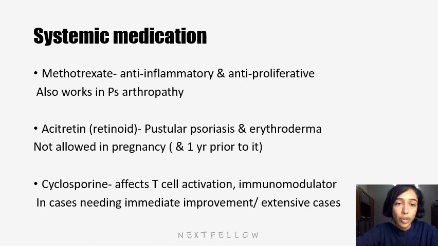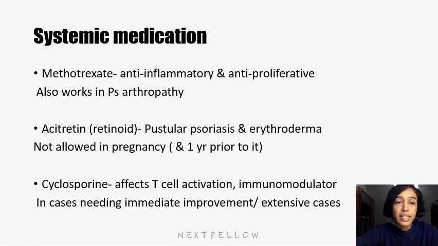Acitretin is a retinoid, and this has a few indications. You can treat pustular psoriasis with it, as well as psoriatic erythroderma, that is extensive 90% or more body surface area involvement. Retinoids are category X, they are not allowed in pregnancy, and acitretin specifically is not allowed up to a year prior to planning pregnancy as well, because it is fat soluble and it stays in the body in the fat stores.